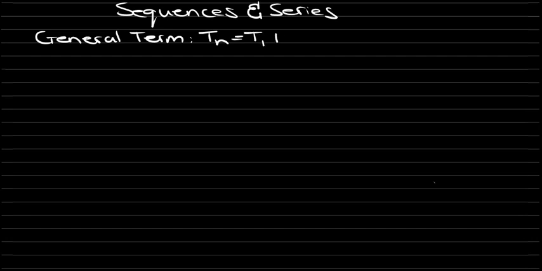Tn equals T1 plus n minus 1 times d, where T1 is the first term in the sequence, d is the common difference, and n is the number of terms in the sequence. And we calculate d by subtracting Tn minus 1 from Tn. So it's the one number minus the previous number.